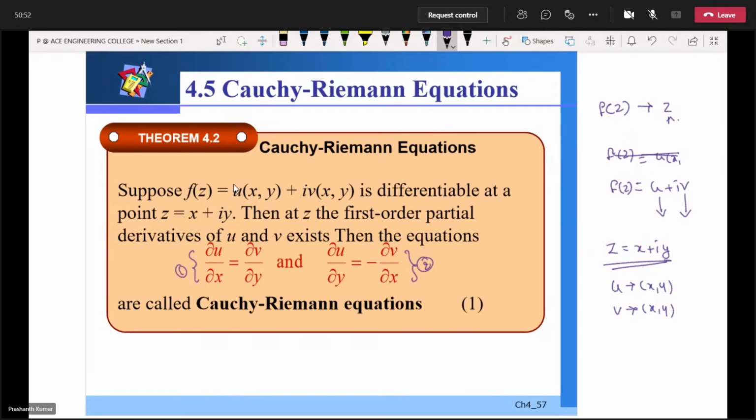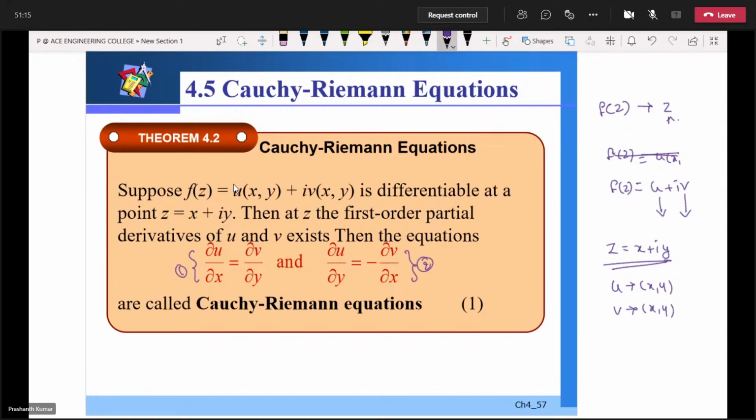So u is differentiable means what? U is partially differentiable at x and partially differentiable at y. V is partially differentiable at x and y. Then dou u by dou x is equal to dou v by dou y, and dou u by dou y is equal to minus dou v by dou x. These two equations are satisfied.